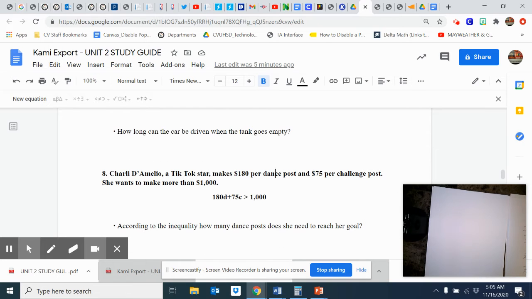So let's see. According to the inequality, how many dance posts does she need to make her goal? And I would say like this: if she was just doing dance posts, she's not going to do any challenges.